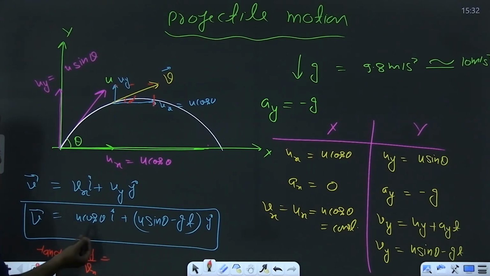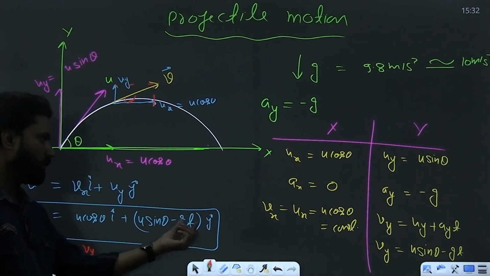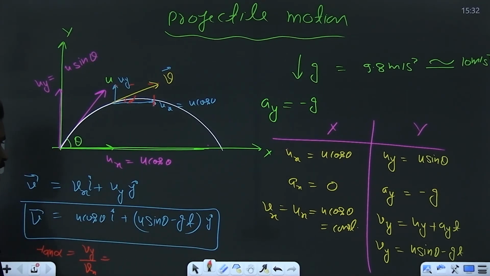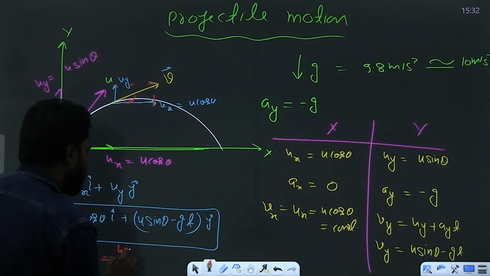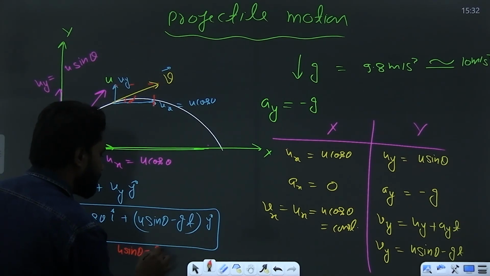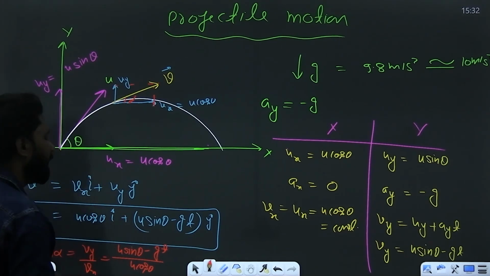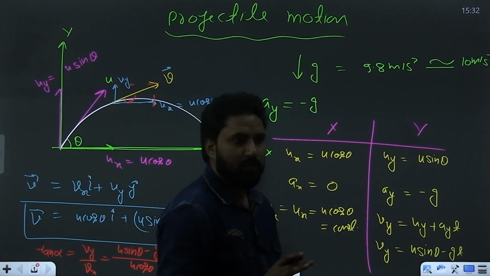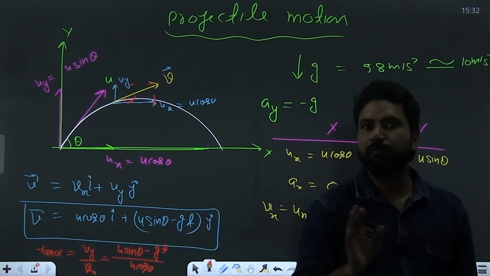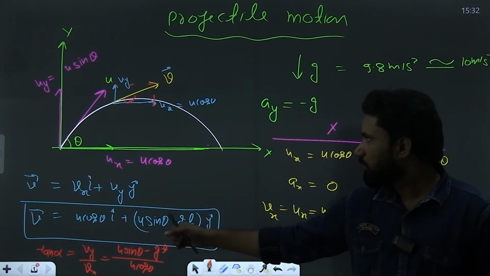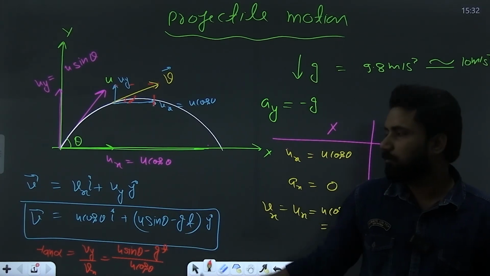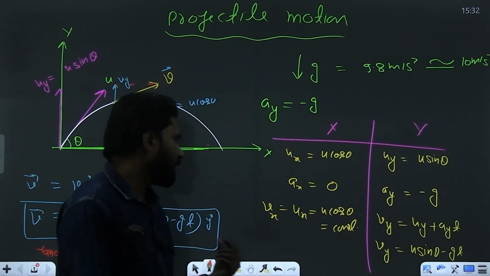Or otherwise you can take tan alpha as the coefficient of j divided by the coefficient of i, that is u sin theta minus gt divided by u cos theta. So you can find out the value of alpha, that is the direction of the velocity with the horizontal, what angle the velocity is making with the horizontal.